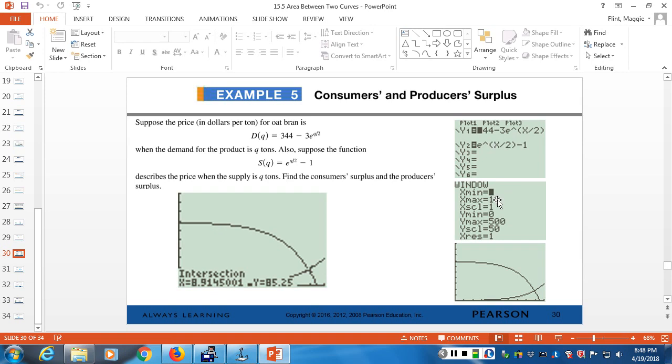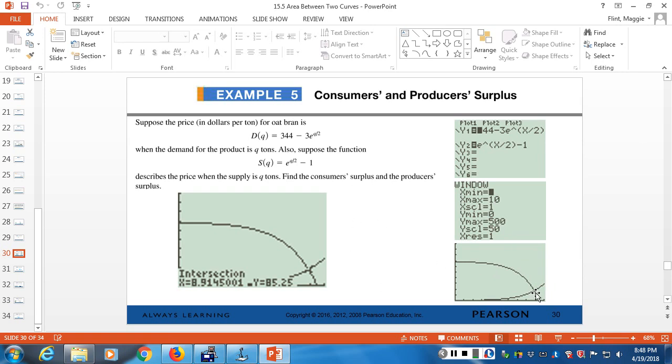I started out on a window from 0 to 10, and if I hadn't seen where they came together there, I would have expanded it until I could find the intersection. But I always change the domain. I never change the range. I let the calculator do the range for me until I find a window where I can see where those two intersect. I just keep widening the domain. And this is the window that I wound up at.